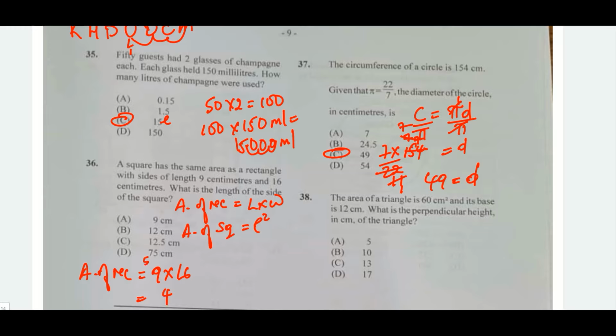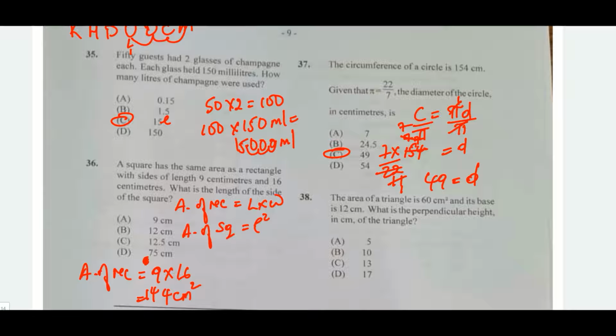Carry the 5, 9 times 1 is 9, and 5 will give us 14, so we get 144. And so the area of the rectangle is 144 centimeter squared.